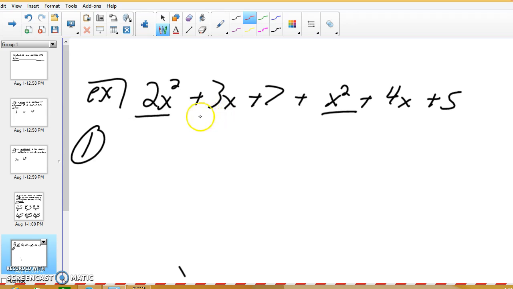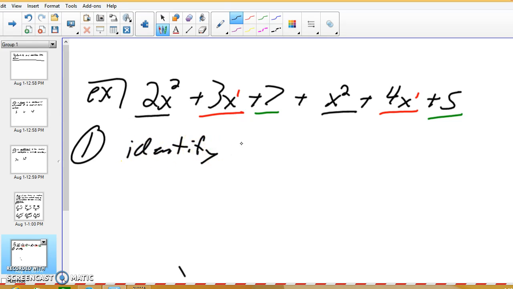Another set of like terms would be 3x and 4x, which are x raised to the 1. And then the final set of like terms are 7 and 5, because these are simply constants. So again, the first step is to identify like terms in the expression.